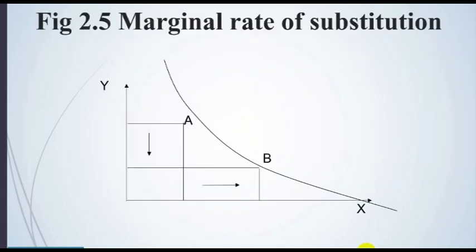Mathematical derivation of the marginal rate of substitution. Assuming a utility function U is equal to f(X, Y), equation 1. Taking the total differential, dU equals (dU over dY) dY plus (dU over dX) dX.